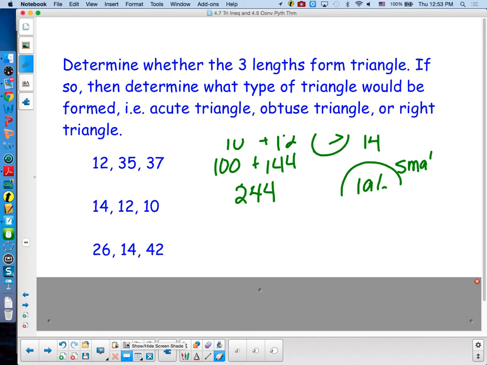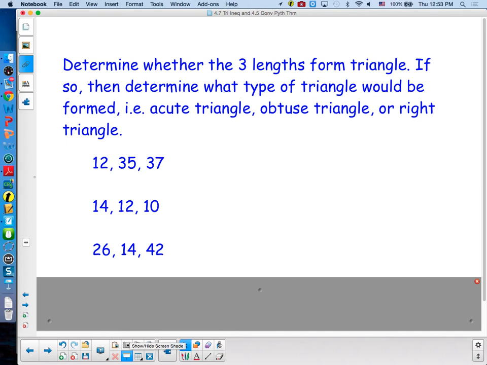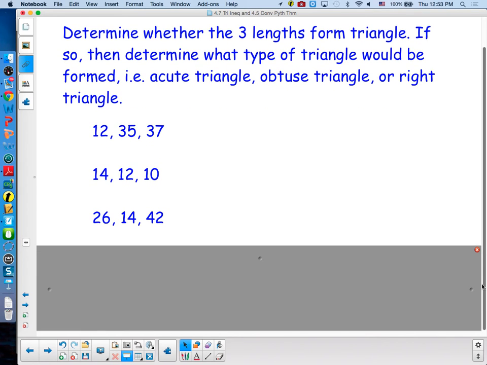Okay, your lengths are 26, 14, and 42. Make sure it makes a triangle, and then what type of triangle it is.